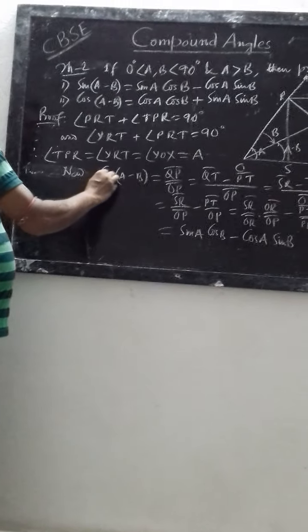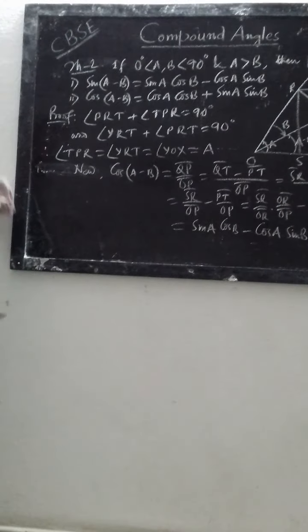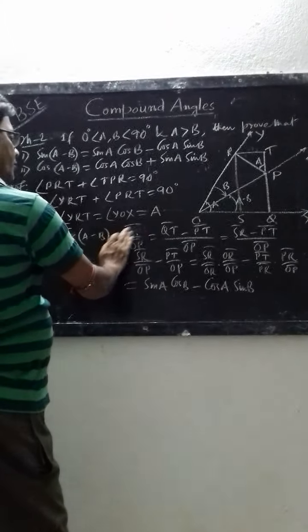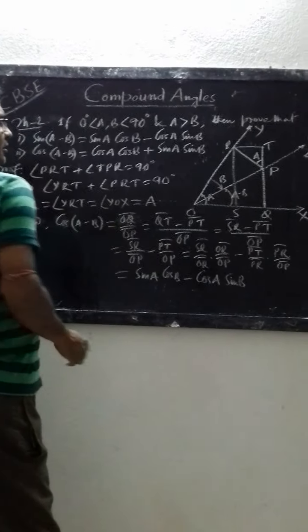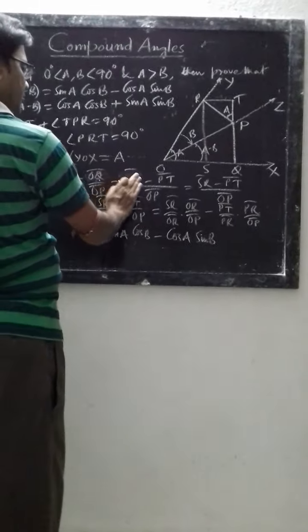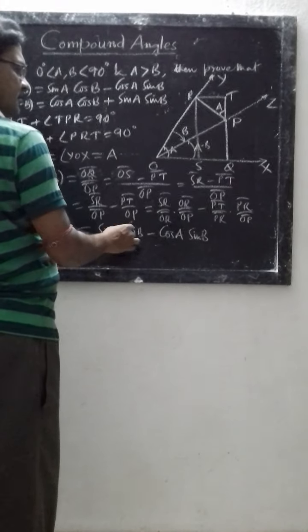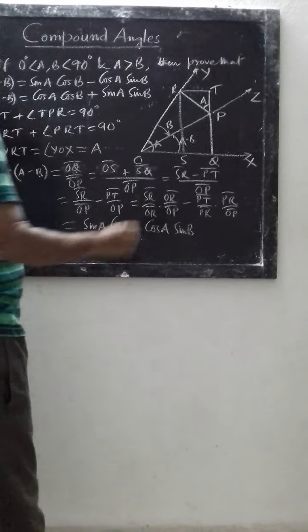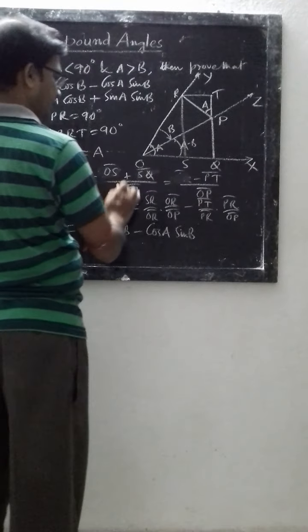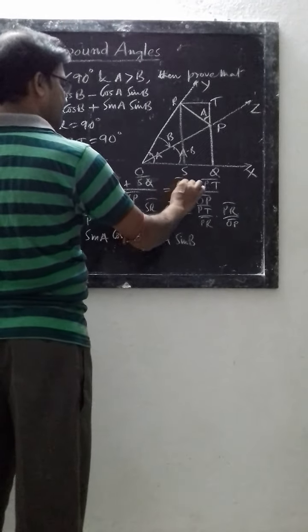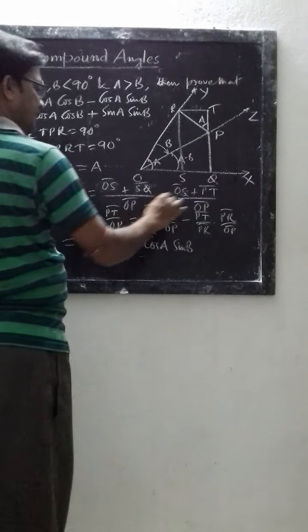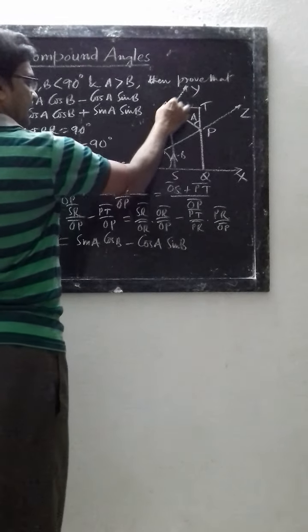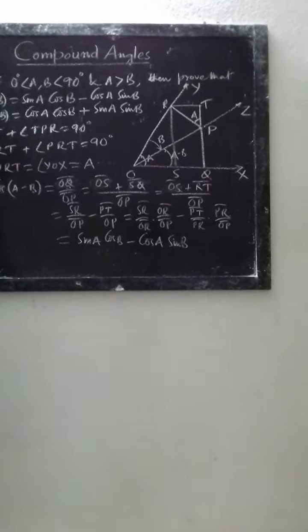Now cos(A minus B) equals OQ by OP. OQ is equal to OS plus SQ, whole divided by OP, and SQ is equal to RT.